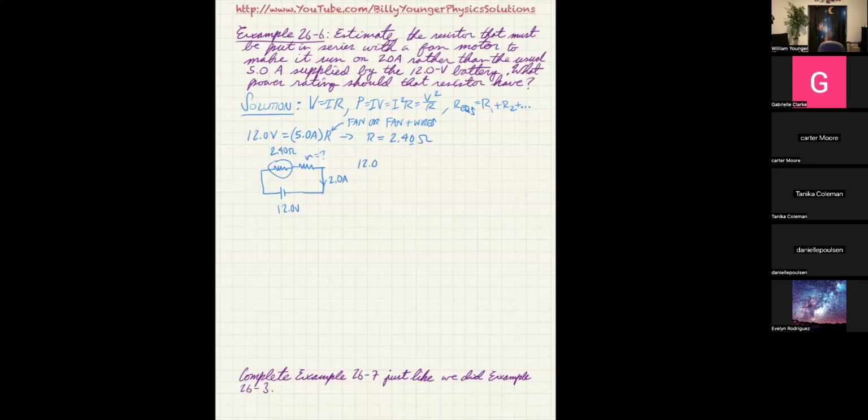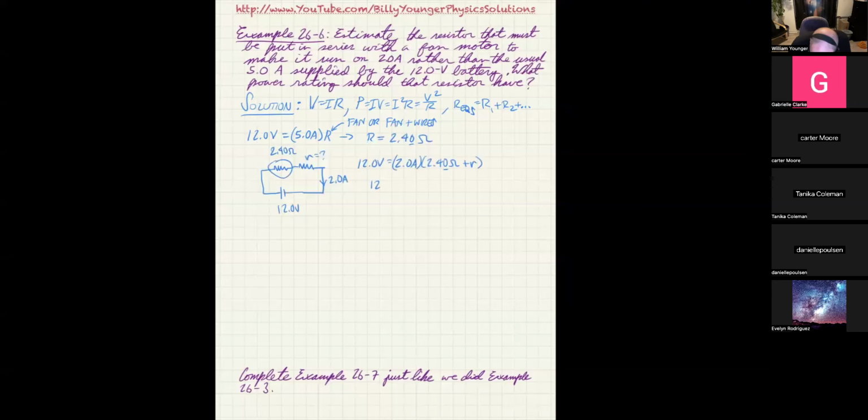That's going to say 12.0 volts is equal to, in this case, 2.0 amps times, now what we have is 2.40 ohms. That's one extra sig fig there, plus lowercase r, and that's got to be multiplied to get the 12.